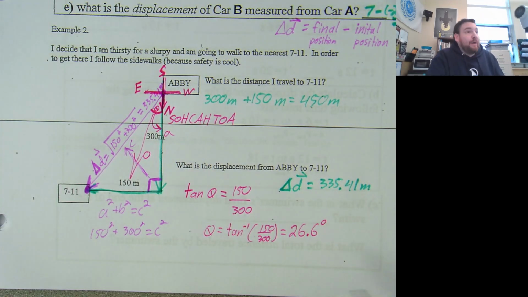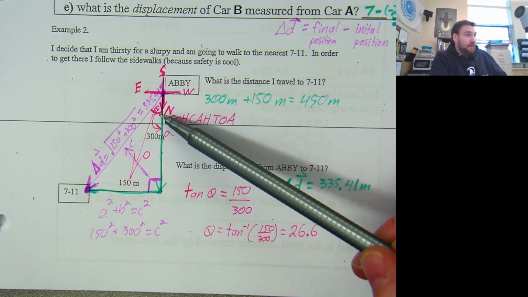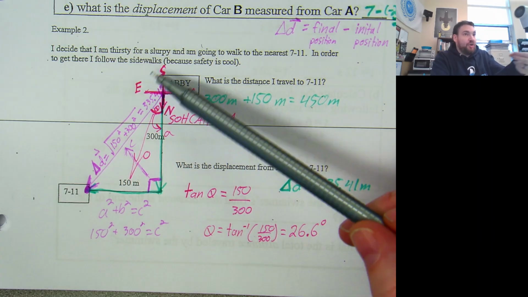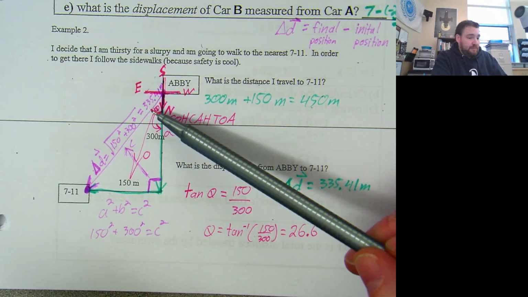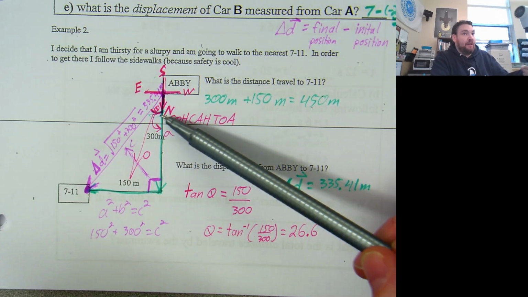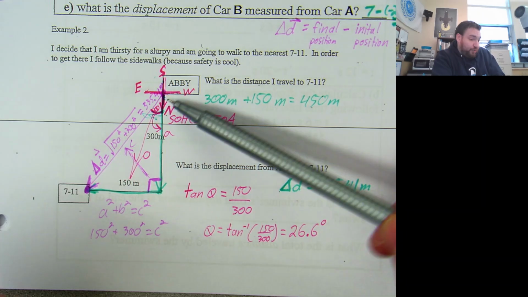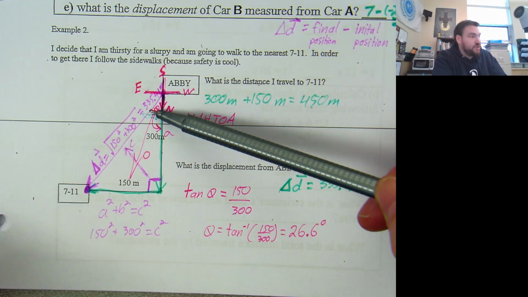Well, the way we quote it, especially when we're dealing with angles, is we say from one of the cardinal directions, so either from north, from east, from south, or from west, I have measured this angle. So the way I drew it is I measured from north out 26.6 degrees.